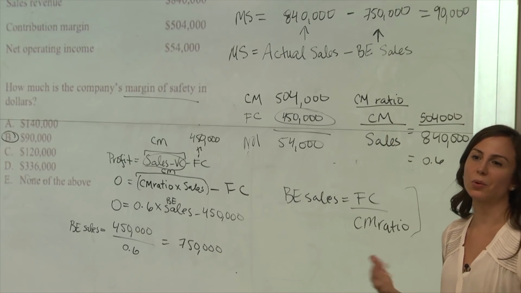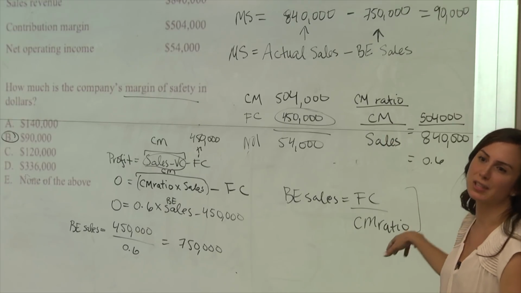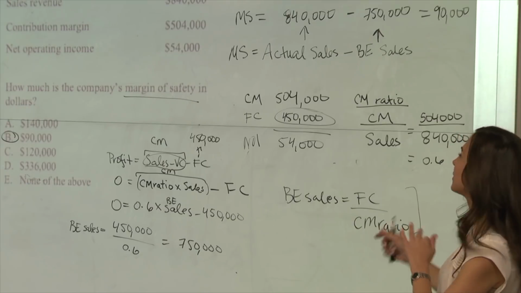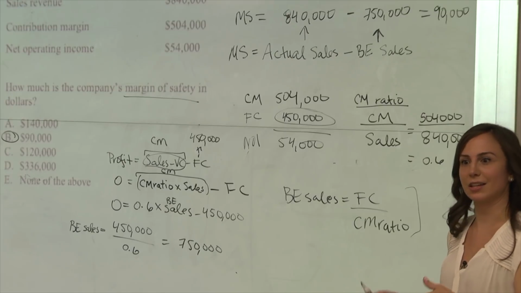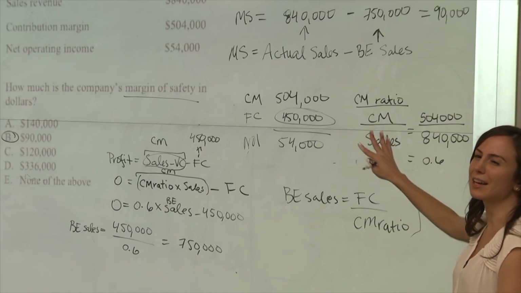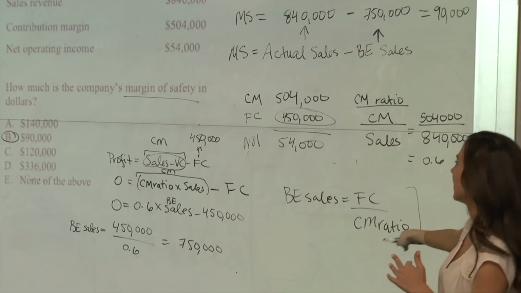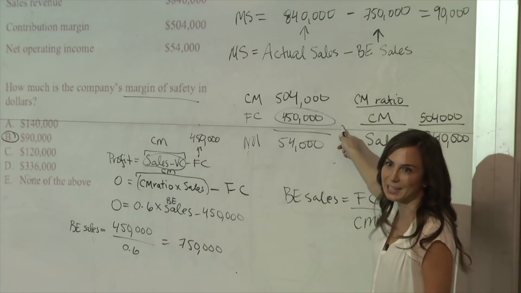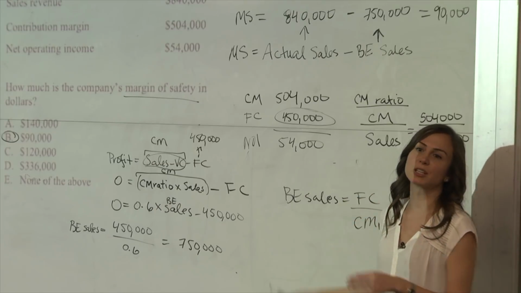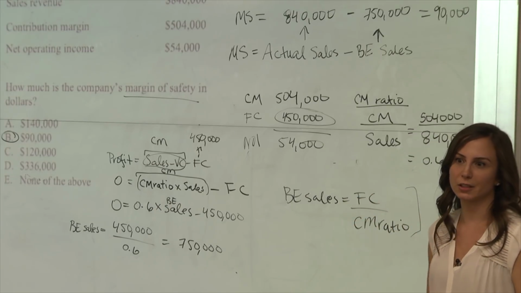These are pretty much how all of these problems are. They give you some information, and then you have to figure out a way to get to the information that you actually need. So we're using that information to get to the CM ratio, and also to find out the fixed cost. Then we could plug it into our break-even formula.